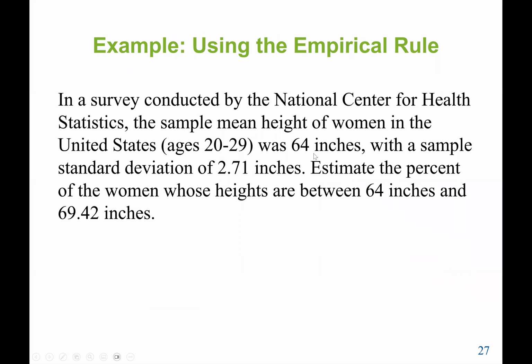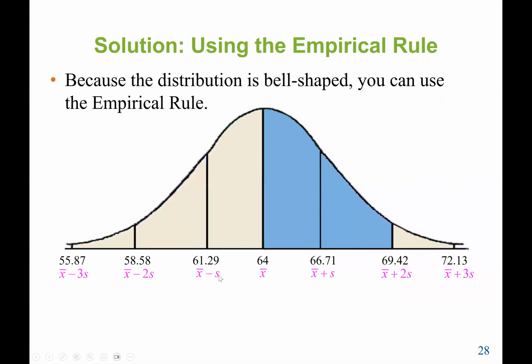So the first section is 64 minus 2.71 to 64 plus 2.71. 2 standard deviations will be 64 minus 2 times 2.71 to 64 plus 2 times 2.71. Then we have the 3. So 1 standard deviation below will give me 61.29, 2 standard deviations will give me 58.58, then 3 standard deviations will give me 55.87.